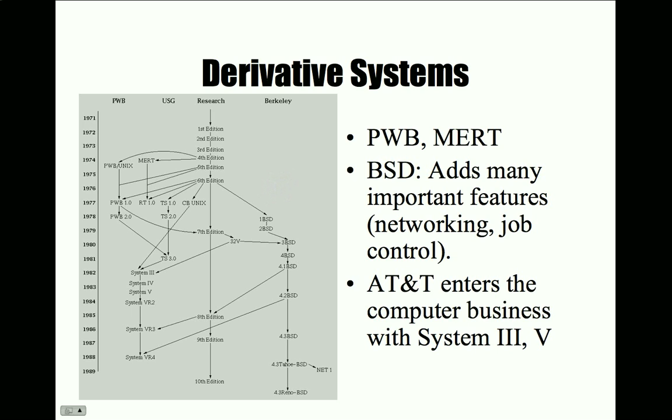Okay, over the years, Unix evolved, and here you can see the timeline. On the left you see the years, and here you can see the different editions of the operating system, and then how it started offshooting to different variations.